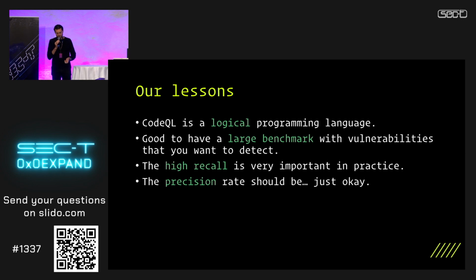I could say that the precision rate is not so important. We got a precision rate around 30%, and it's okay. It means you have 2-3 false positives for 1 true positive, and it's reasonable to verify manually. It's not a problem, maybe just half an hour, not much work.